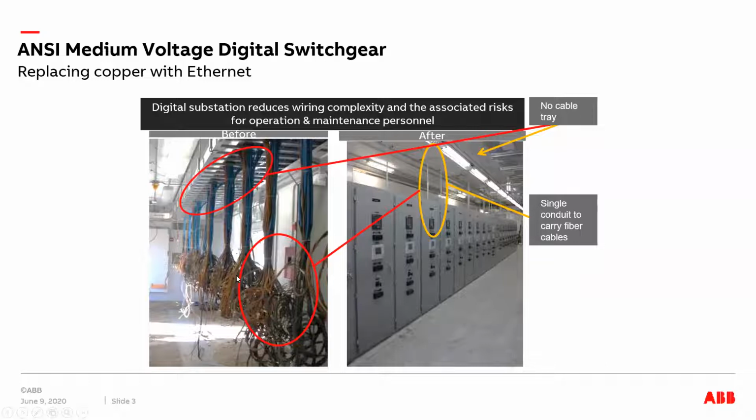Here you see a cable tray running, which carries all the cable, because each panel requires multiple cables with respect to wiring of CTs, PTs, and also wiring the inputs and outputs from the relays itself, and also wiring between the panels.